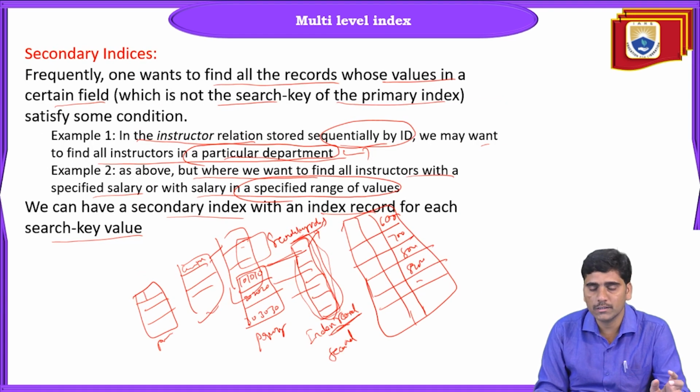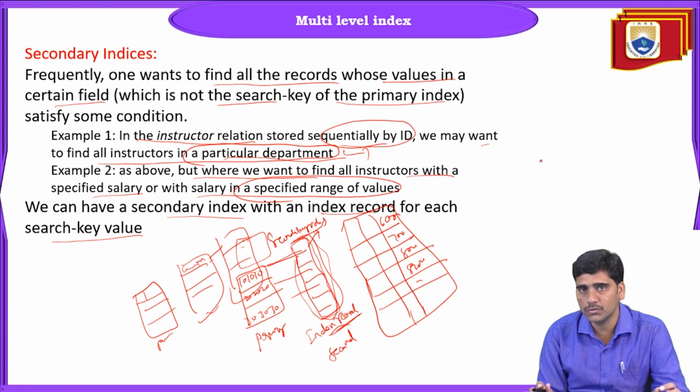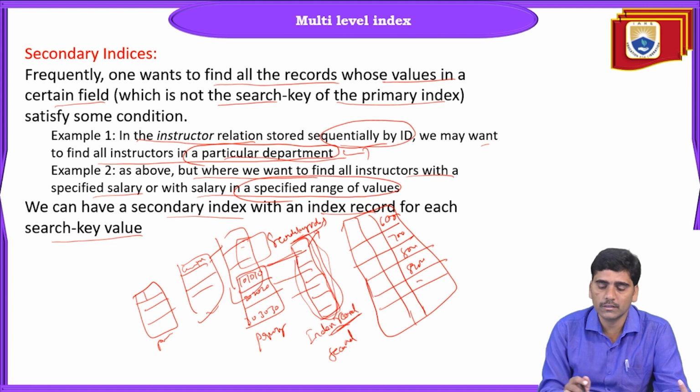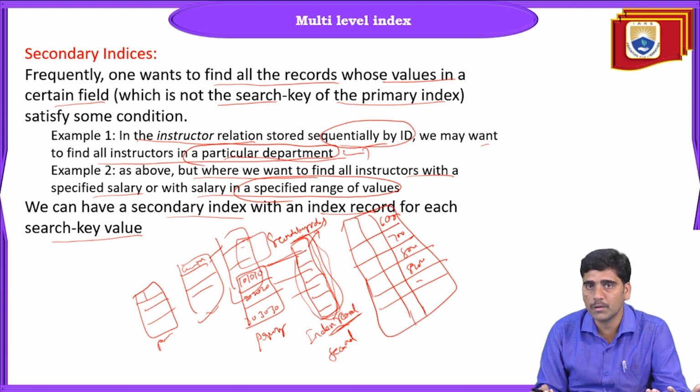Why are we creating secondary indexes? Creating more indexes is only for making data access very fast. There may be questions like: the instructor relation is stored sequentially by ID, but we want to find all instructors in a particular department.